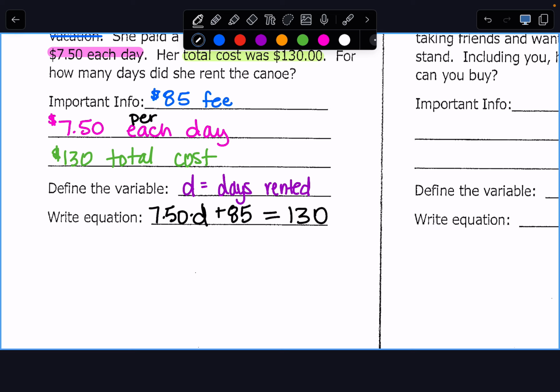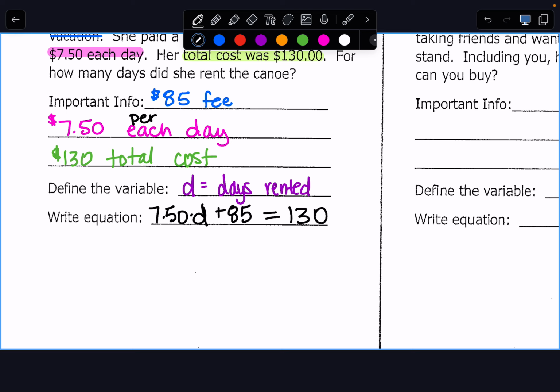Is it okay if I did 85 plus 7.50D? Oh, okay. So Ellie kind of got ahead of what I was writing down, and she wrote 85 plus 7.50D. She's asking if that's okay. Does it mean the same thing? Yeah, if she has 85 plus 7.50D, it's okay to reverse addition. Okay, it still means the same thing.